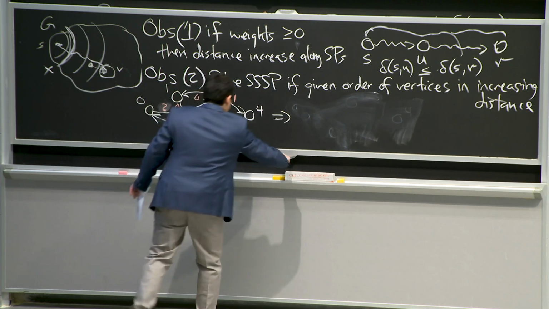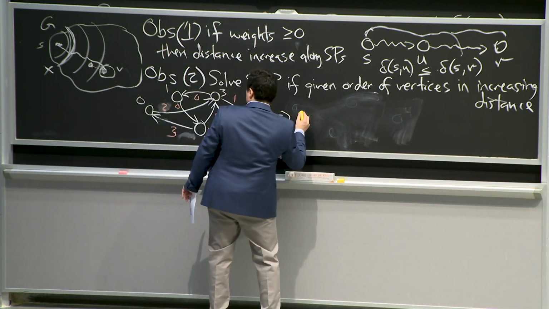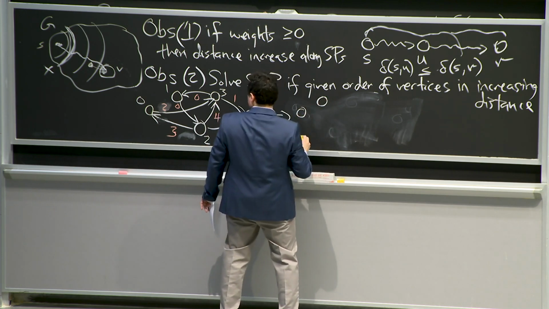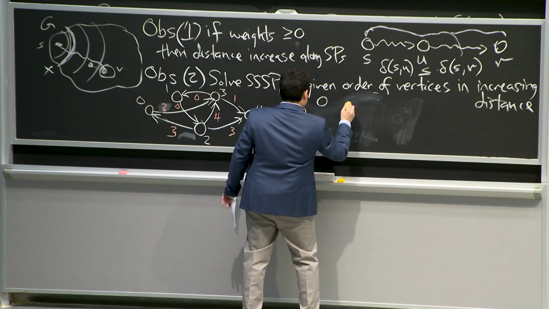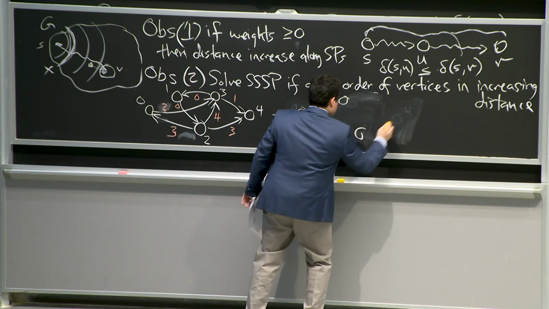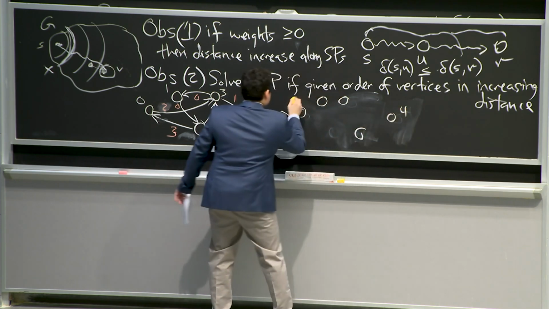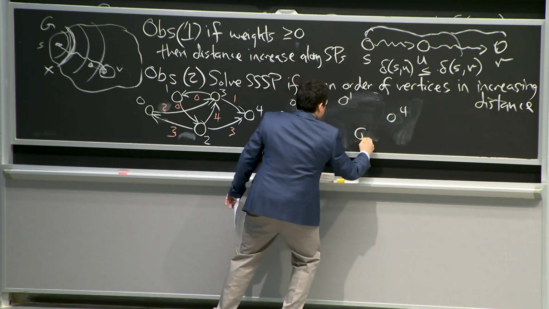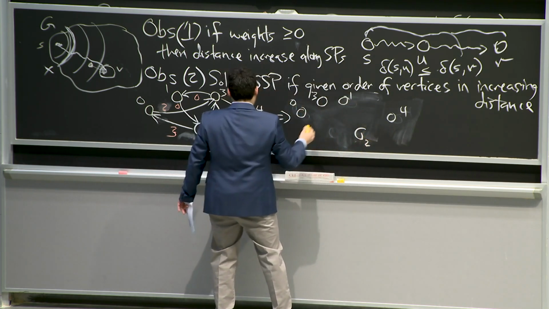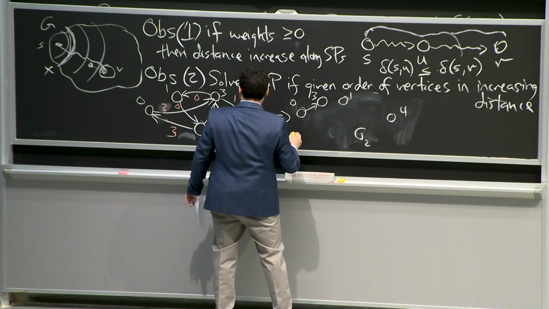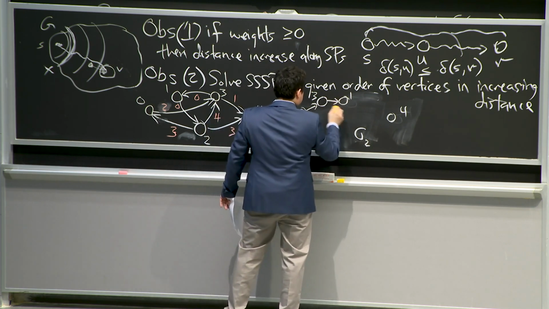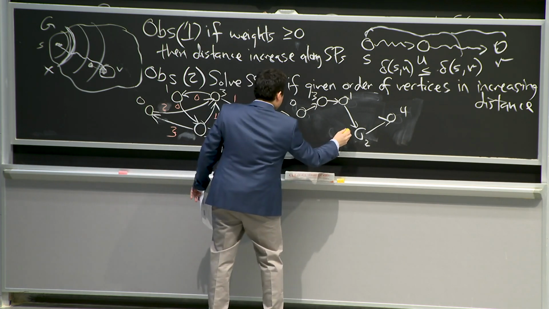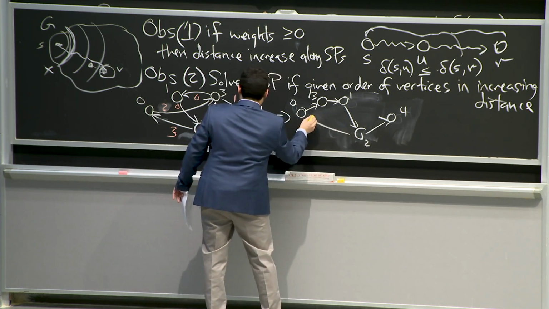So let's convert that into a graph with a different ordering. Zero, 3 now, 1, 2, okay? And I have this distance, this edge, this edge, this edge, this edge, this edge.